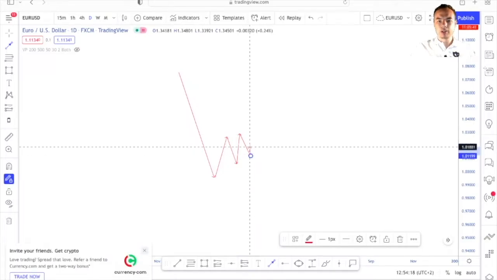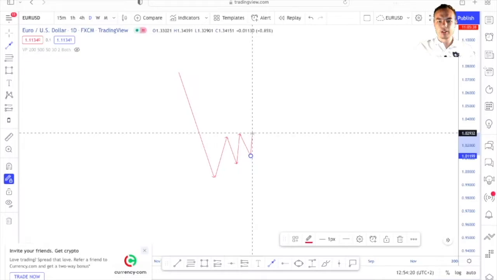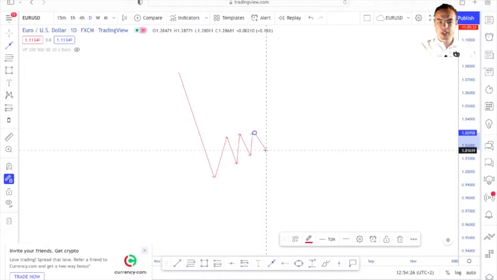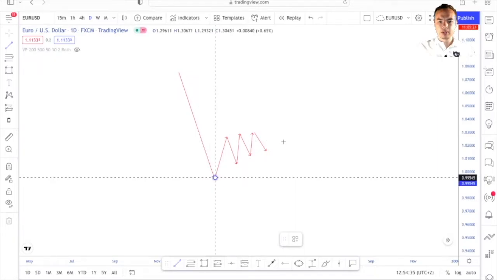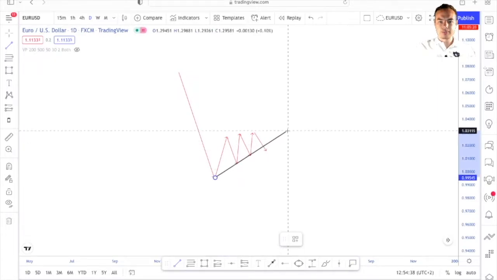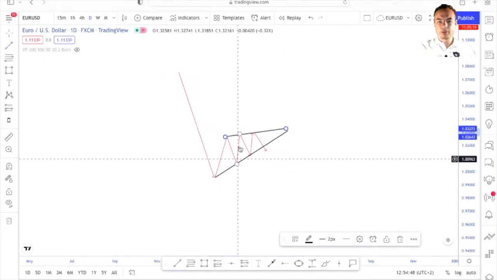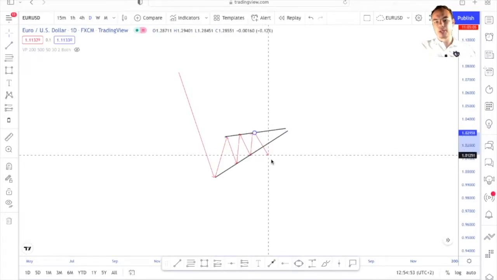And the moves will get generally smaller, something like this. Okay, it'll sort of look like a triangle. So if you were to put your trend lines, for example, something like that, and something like this. So can you see from being a big move, it goes smaller and smaller and smaller up until the point it'll break past.